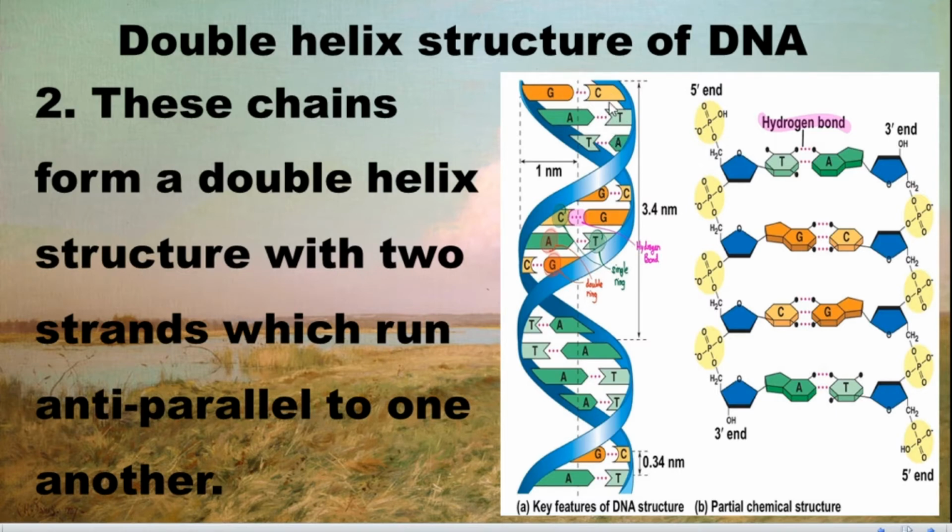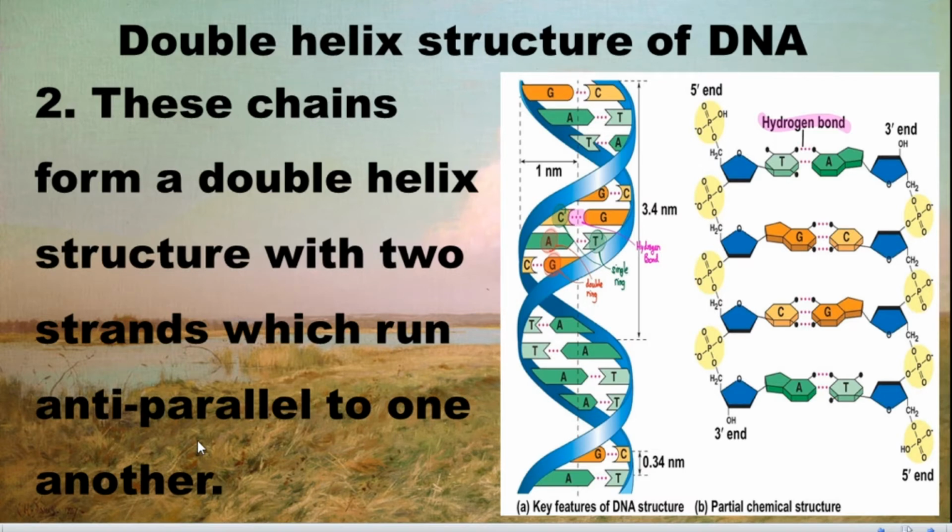Why do we call it a double helical structure? This is one strand. This is another strand. The strand turns at a certain area and becomes like a coiled structure. That's why it is a double helical structure with two strands, with anti-parallel orientation.